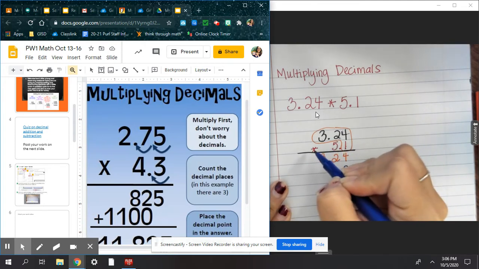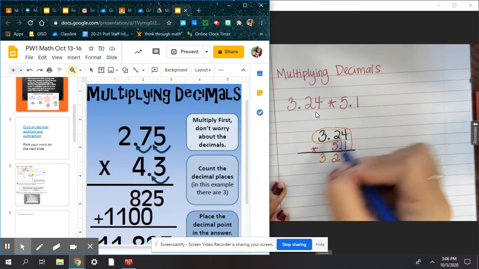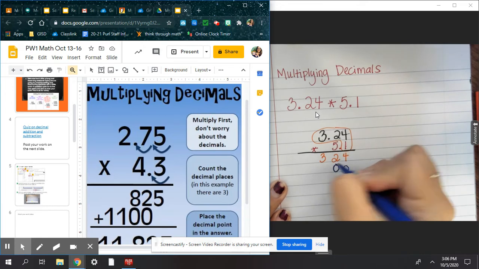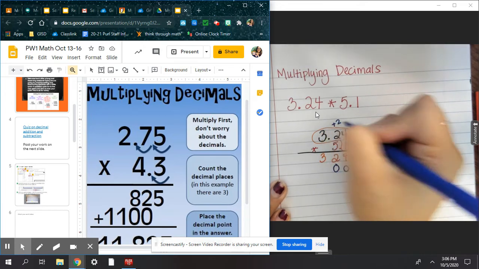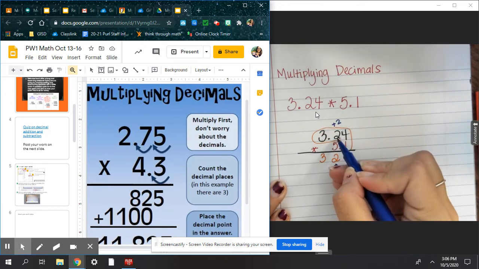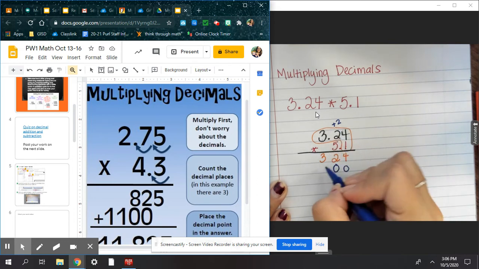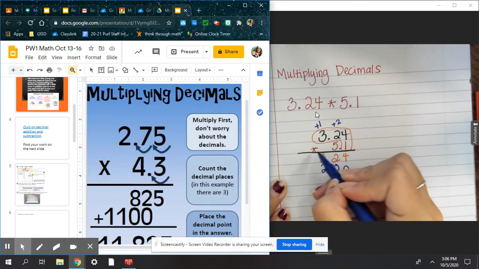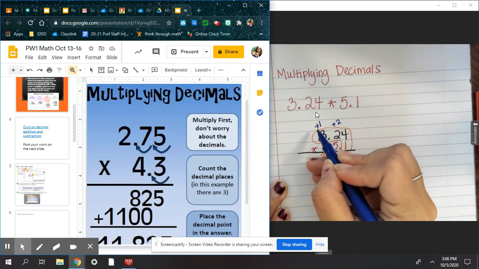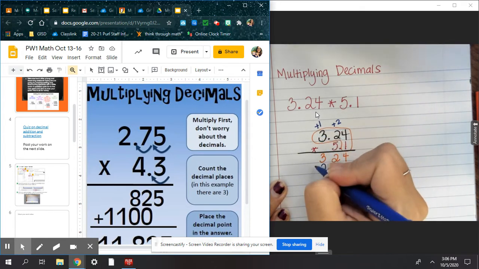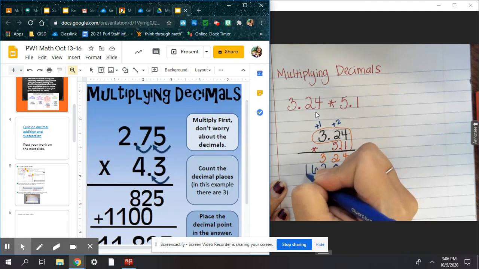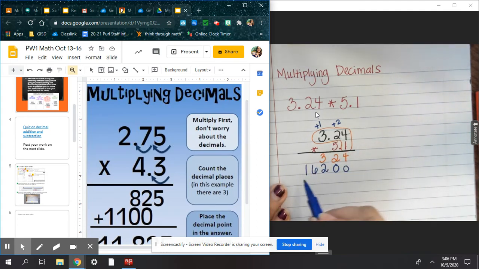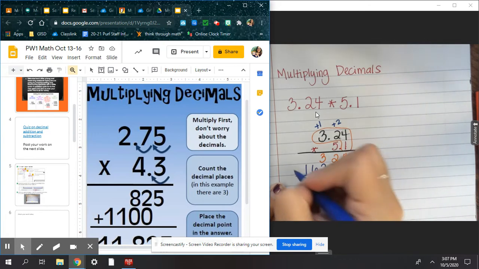So now I have 5 times 4. 5 times 4 is 20. 5 times 2 is 10, plus 2 is 12. 5 times 3 is 15, plus 1 is 16. Okay, now I multiplied like I did before.